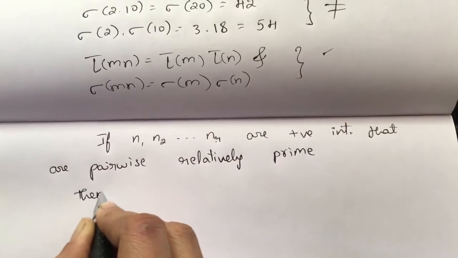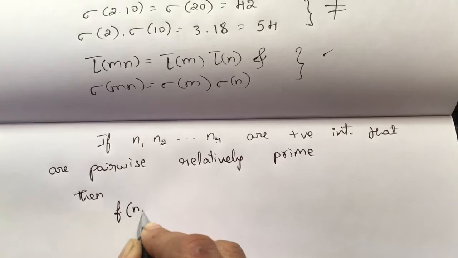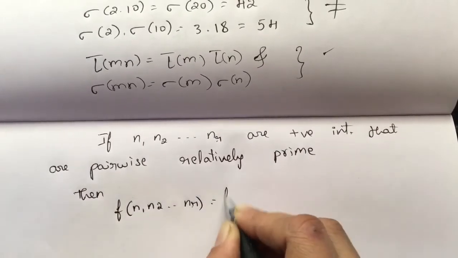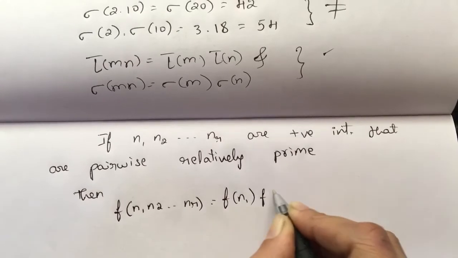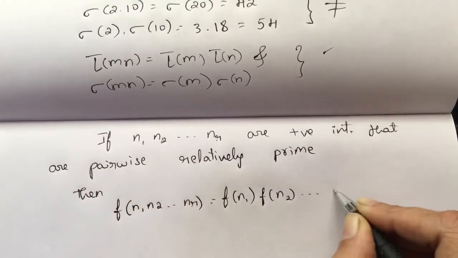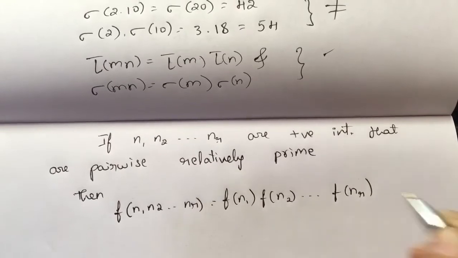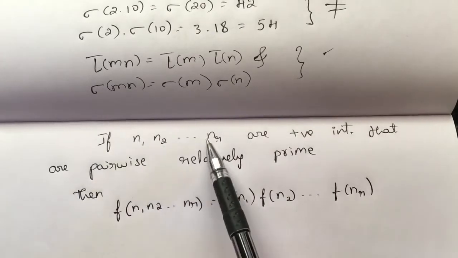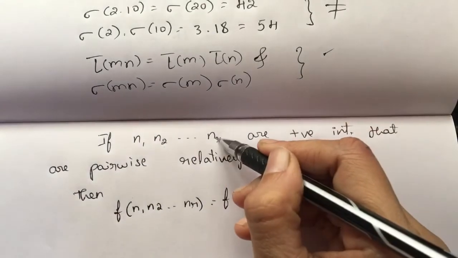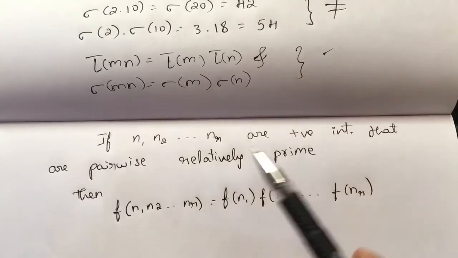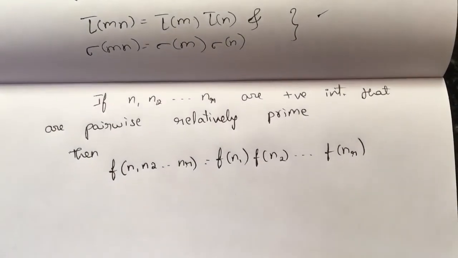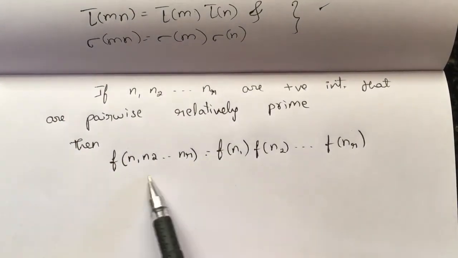Then we can write f of n1 into n2 up to nr equal to f of n1 into f of n2 up to f of nr. If n1, n2, n3 up to nr are positive integers which are pairwise relatively prime, then f can be written like this, so that f is a multiplicative function.